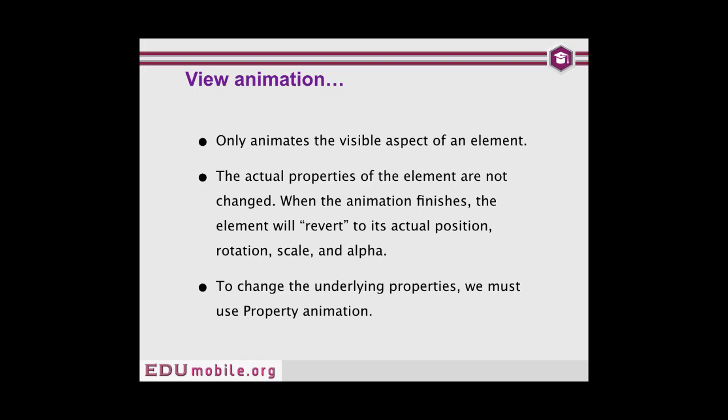Rotation, scale, alpha, it'll all go back to what it actually is by its properties. So to change the underlying properties, well, not quite true. We could go through and change those properties when the animation finishes, but we can't do that in the XML. We would have to do that in code.